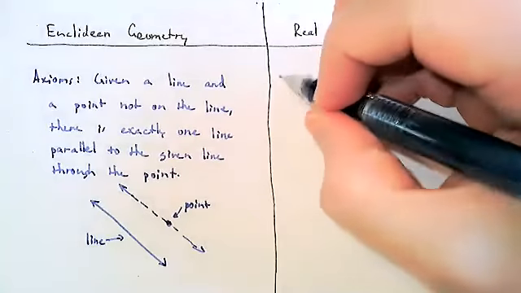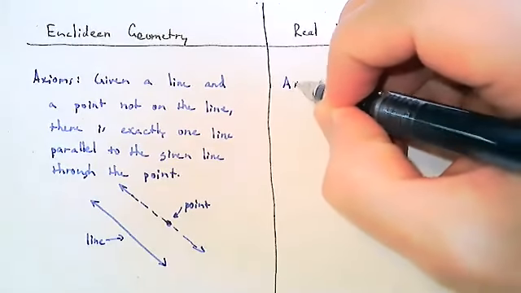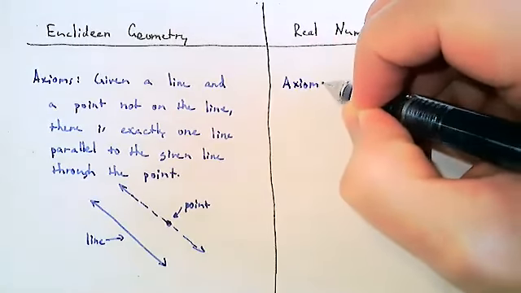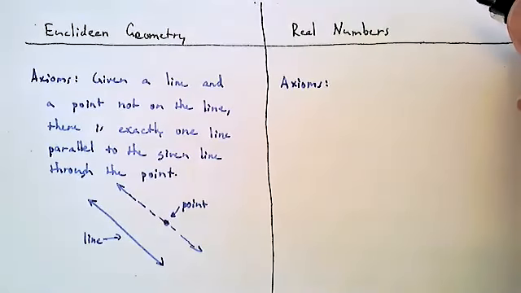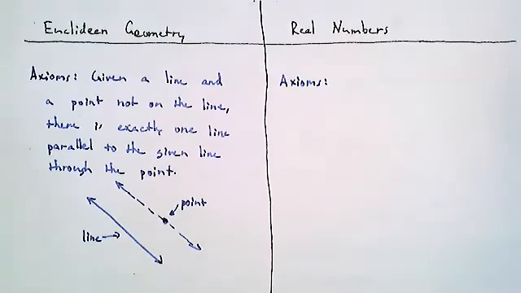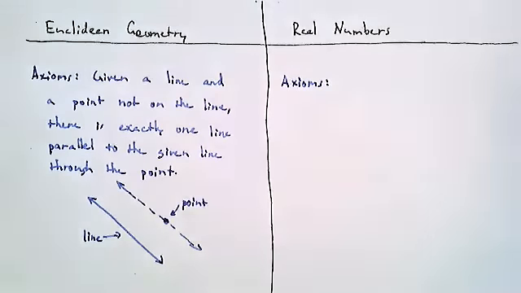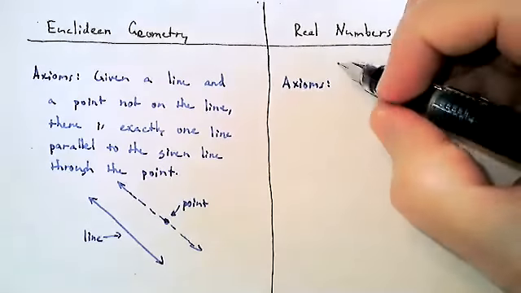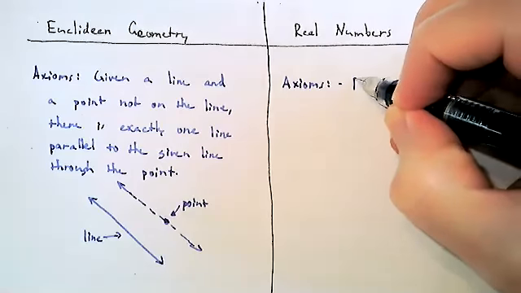And we can also talk about some other axioms from the real numbers, and I'll only mention a couple of them again. For example, there are axioms that say that multiplication is commutative, meaning I can do it in any order. And the way you would write that is this.